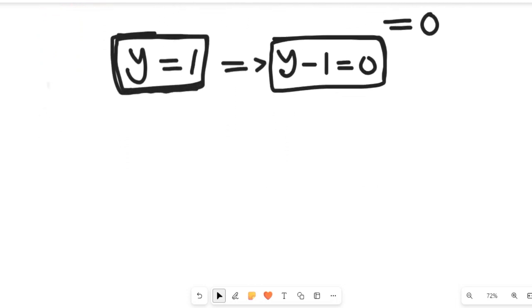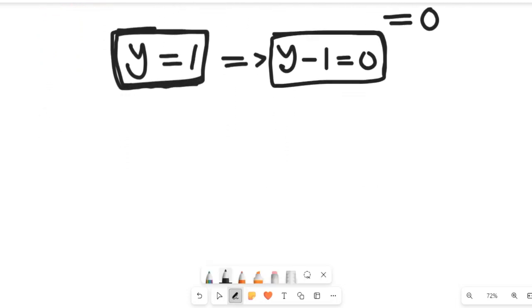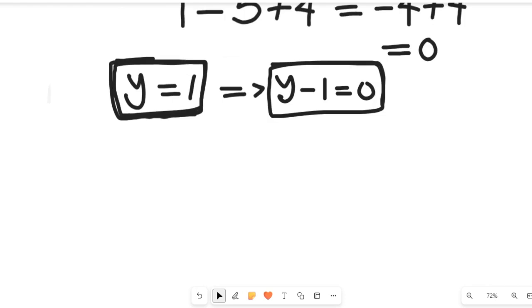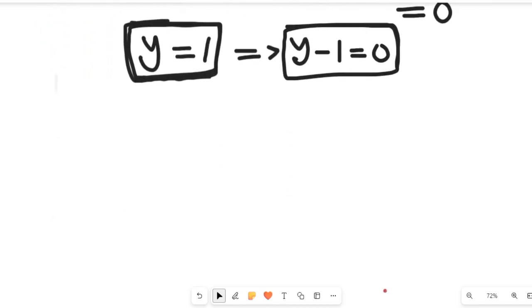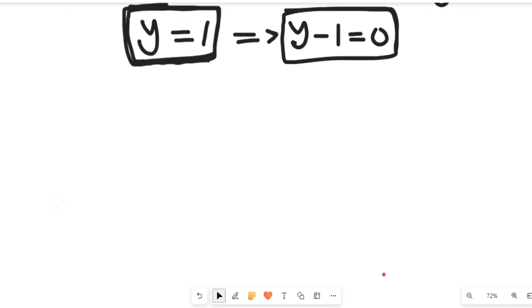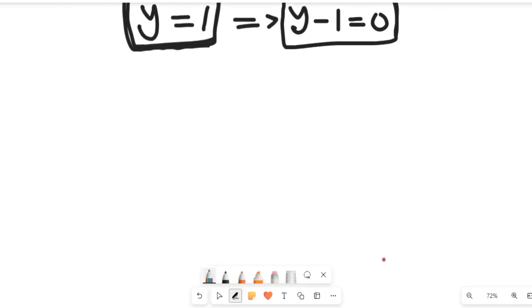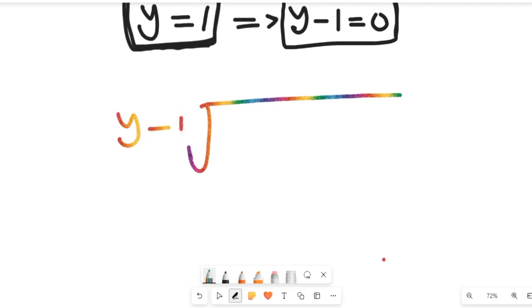To get the second solution, we are going to divide the main polynomial equation by this linear function we've gotten as the first solution. If we do that, we'll get the value of the second function. So we are going to divide the polynomial equation by y minus 1.